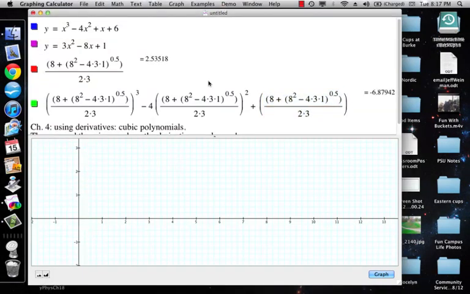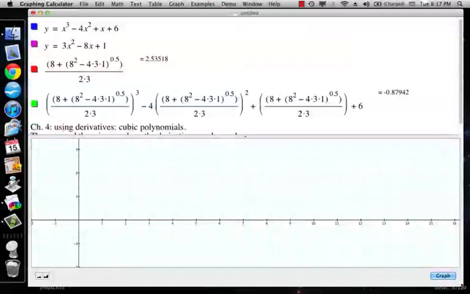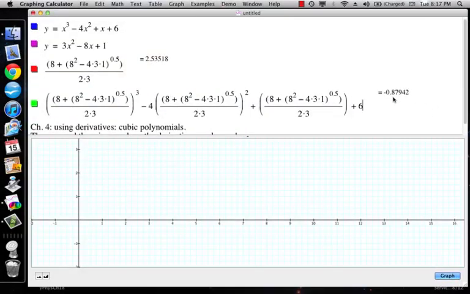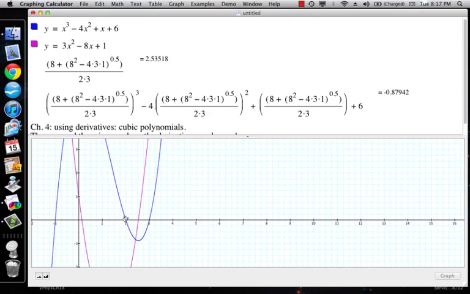That again plus 6, and I get over here negative 0.87942. And if I go back again, there it is, negative 0.87942.